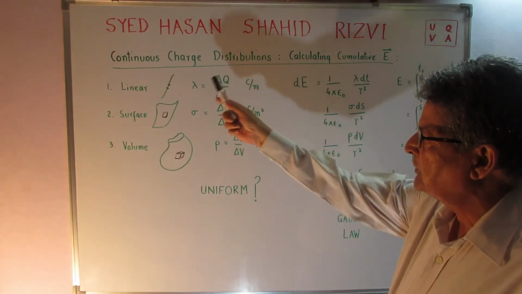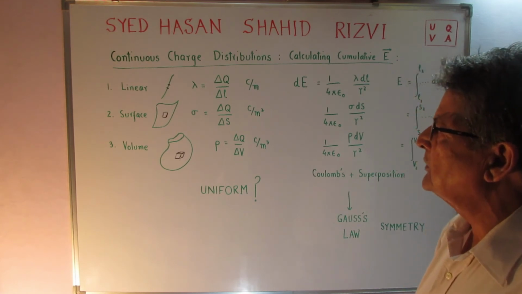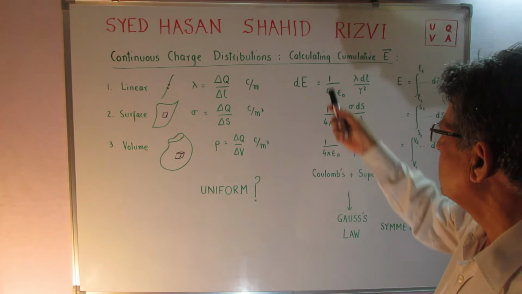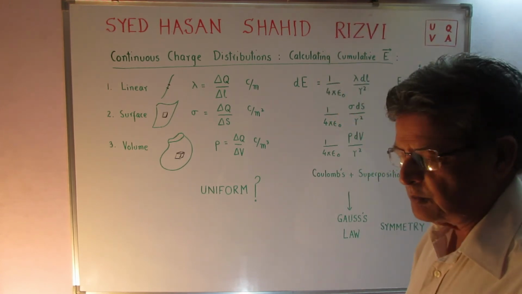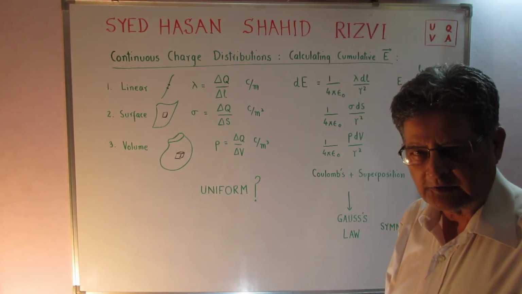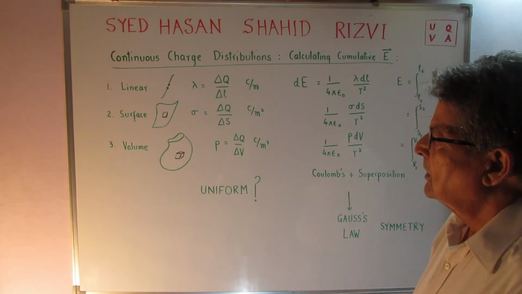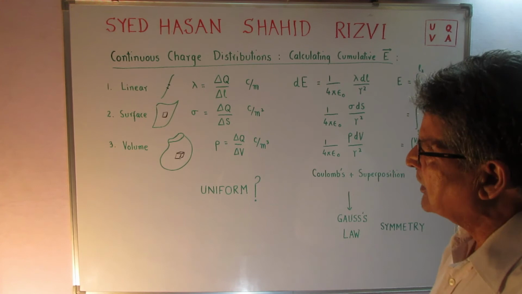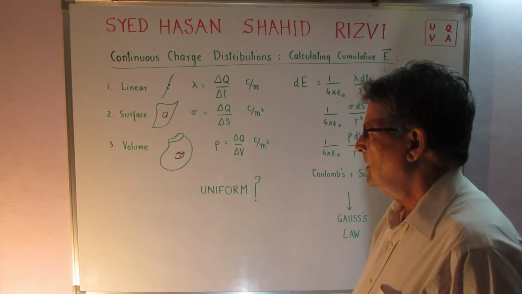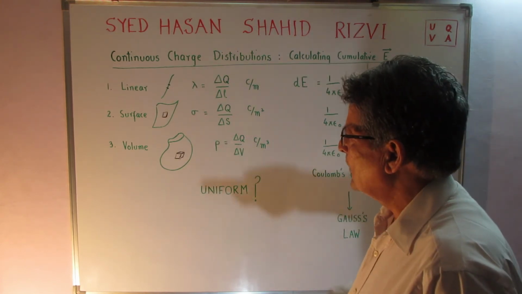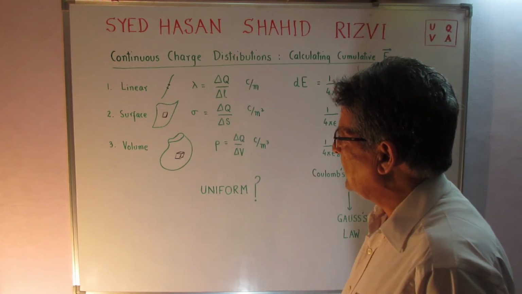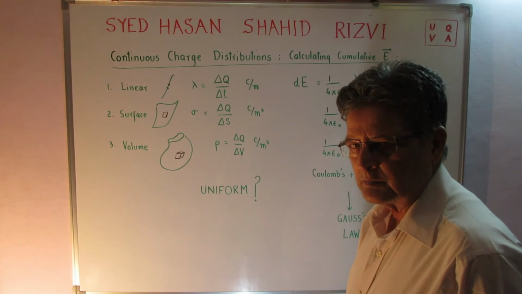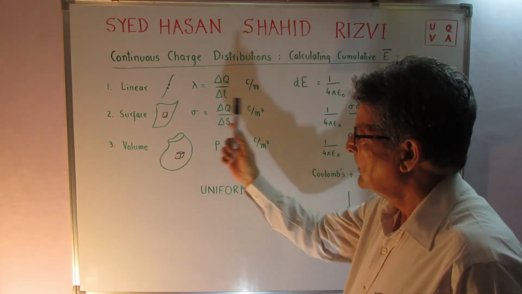So the next item we talk about is the continuous charge distributions and how to calculate the cumulative value of the electric field due to such distributions. The distributions are of three kinds. A linear, where we define a linear charge density lambda, delta Q upon delta L, in coulombs per meter.